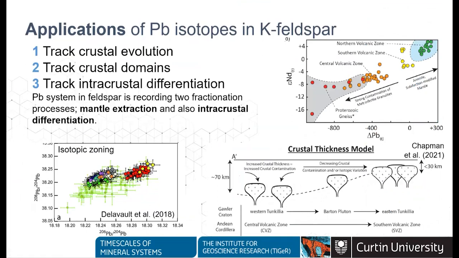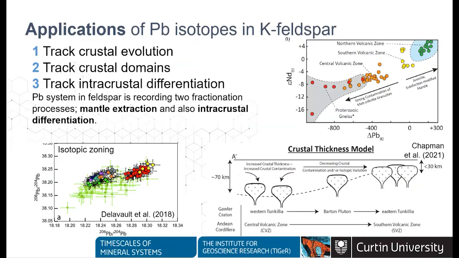Lead isotopes can also track intracrustal differentiation. On the right-hand side, we have an example from a suite of granites in the Gawler Craton, the Tunkilia suite to be precise, where we have a correlation of unradiogenic lead isotope signatures, or ratios, with negative epsilon neodymium.